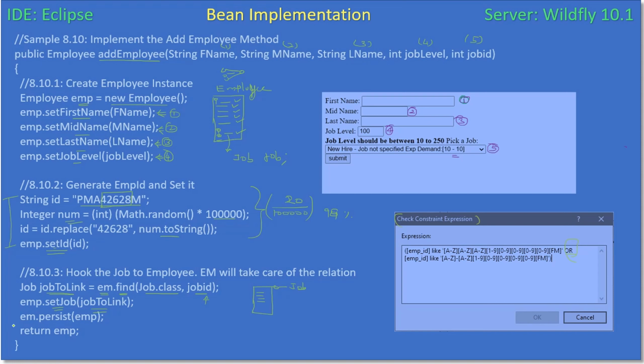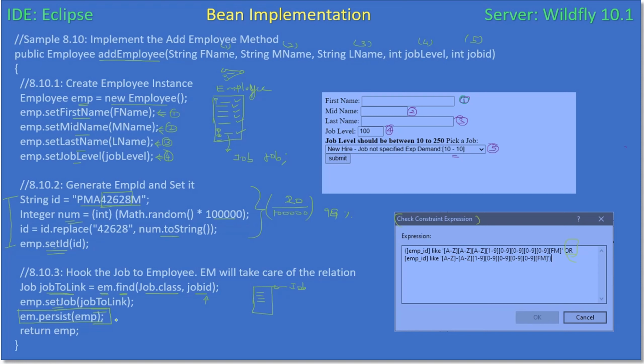So once all this stuff is done, here in the entity manager we are making a call to persist, and in the persist we are giving the employee, and it will persist all this information, and it doesn't create any new record in the jobs table.